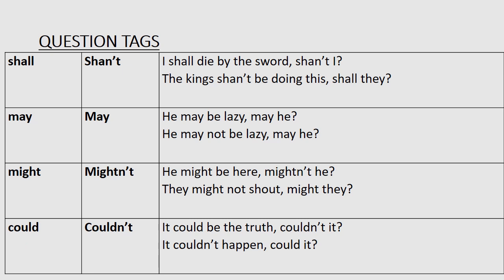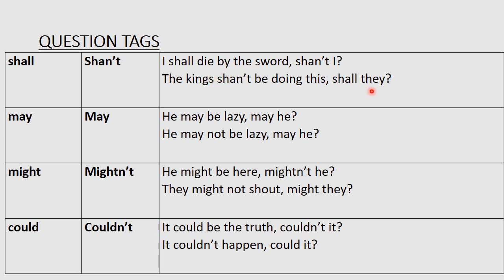So let's take a look at difficult ones now. We have shall, that changes to shan't. Shan't means shall not. So I shall die by the sword, shan't I? The kings shan't be doing this, shall they? So shan't changes to shall, and shall to shan't.